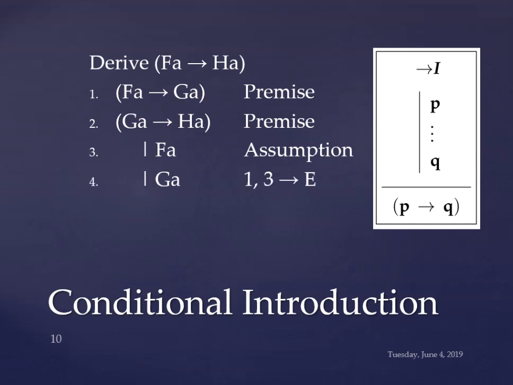The reason I can do that is that I can go up here and use my premises. These are accessible to me, and that is just fine. It's only when you close off and discharge a subderivation that you are not able to access the content of it anymore. So that's the rule you need to understand.